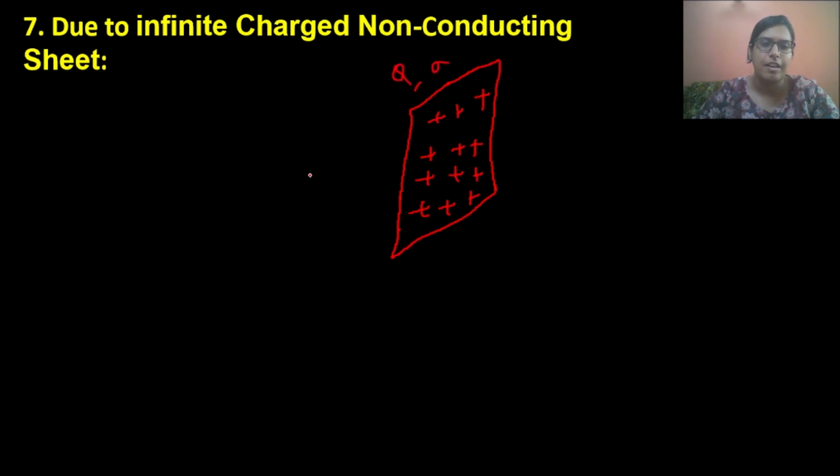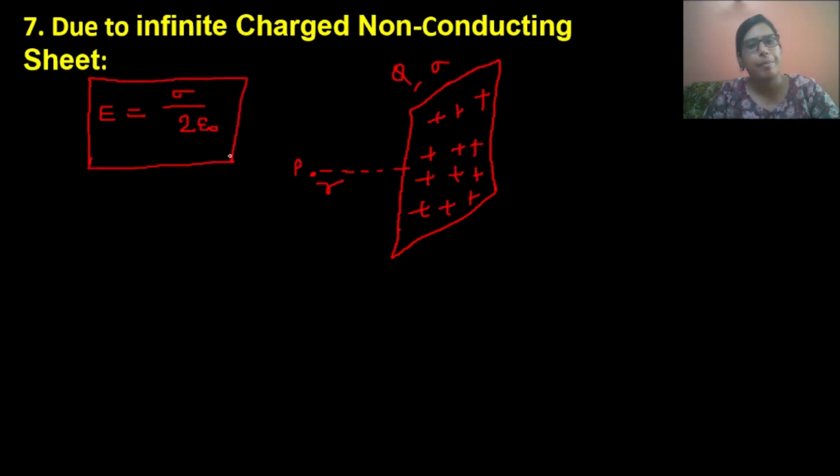Then the electric field from this sheet at distance r will be sigma upon 2 epsilon naught. And this is independent of the distance, so the electric field will be the same at every point.